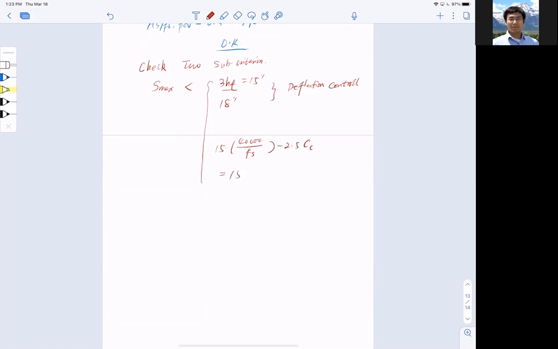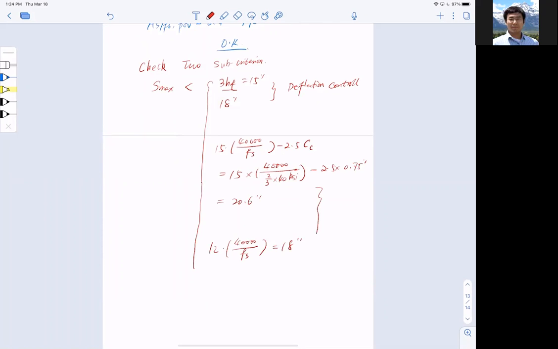So write this number in: 15 multiplied by 40,000. Now what is fs? 2/3 of the yield strength, which is 40 ksi, and then minus 2.5 multiplied by cc. What is the concrete clear cover? 0.75 inches. So I got this number to be 20.6 inch. I have one more, which is 12 multiplied by 40,000 divided by fs. So I got this to be 18 inches.